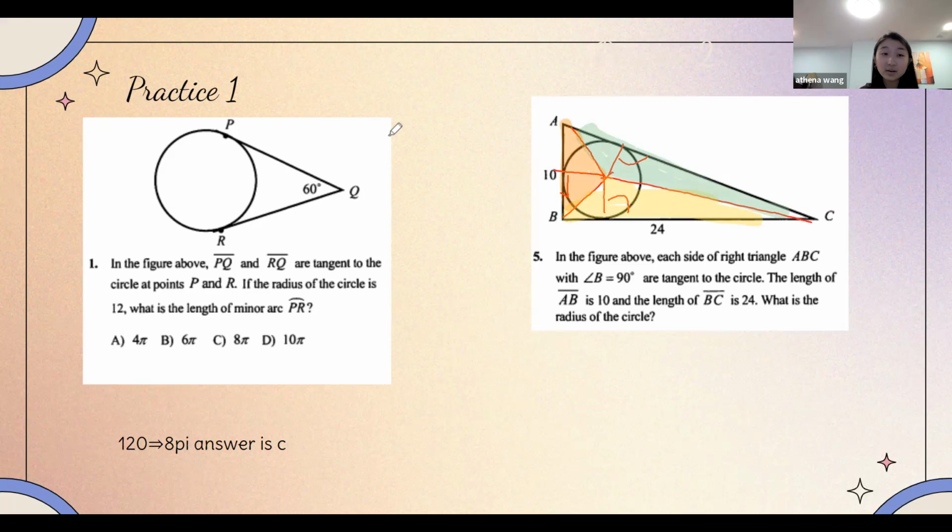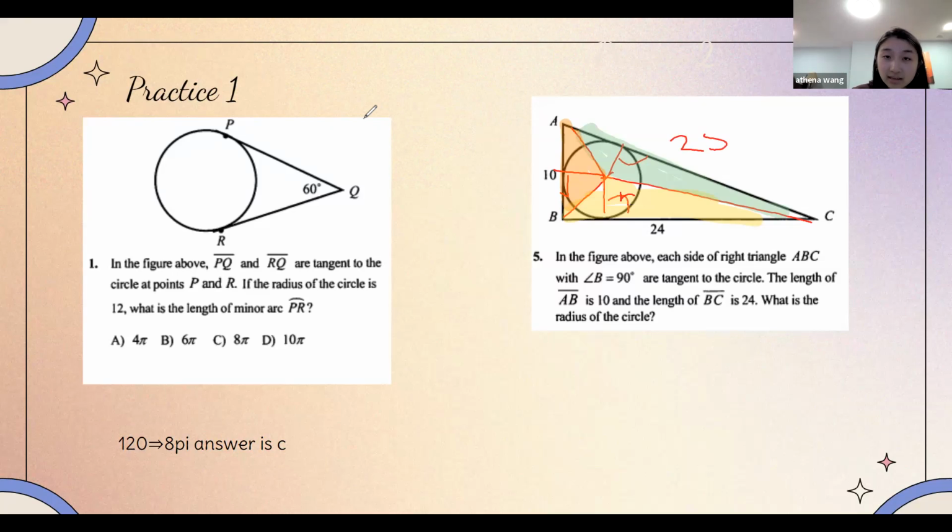We know that the area of this triangle is basically covered by these 3 triangles. Let's make that radius r again. So the area of this triangle is the sum of these 3 areas.